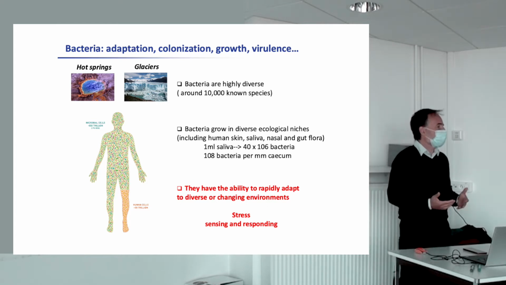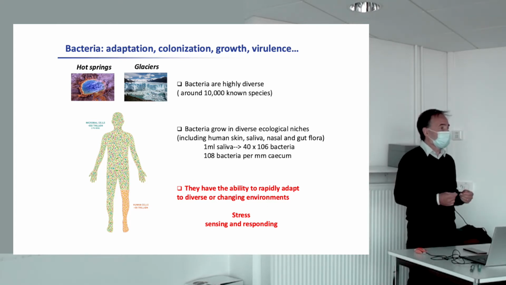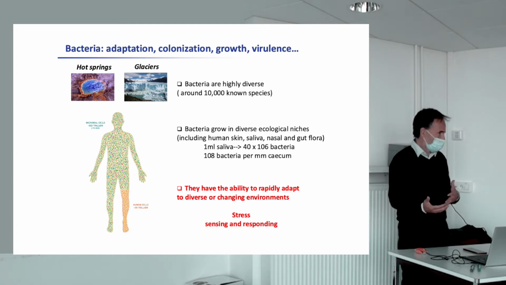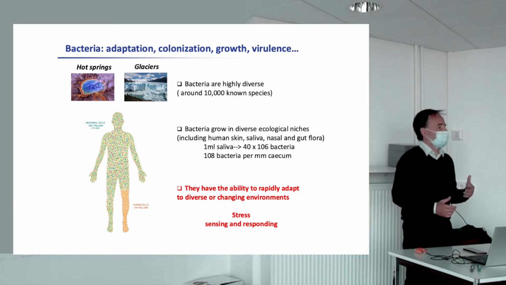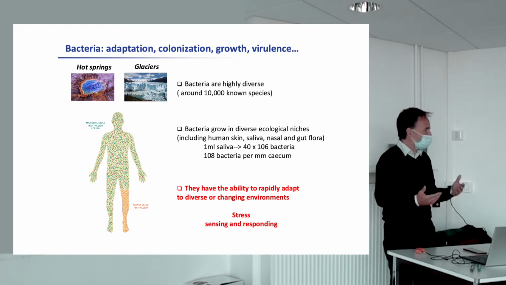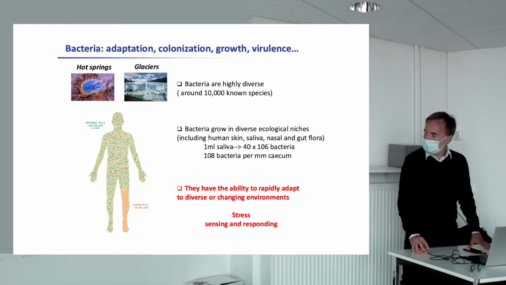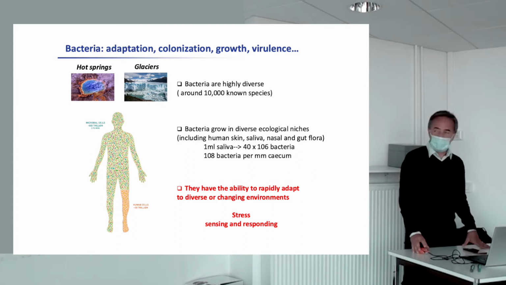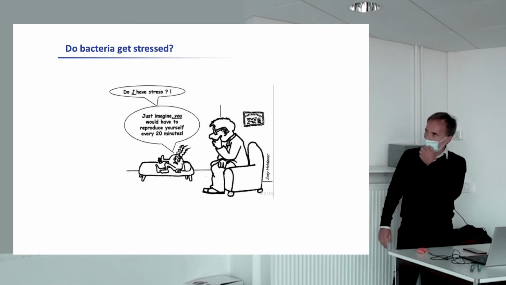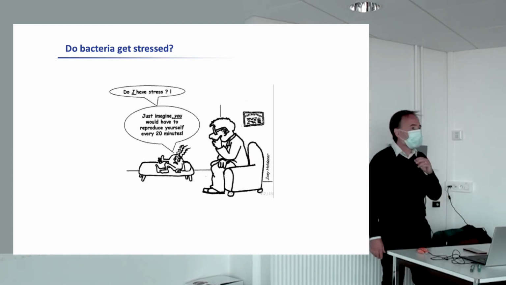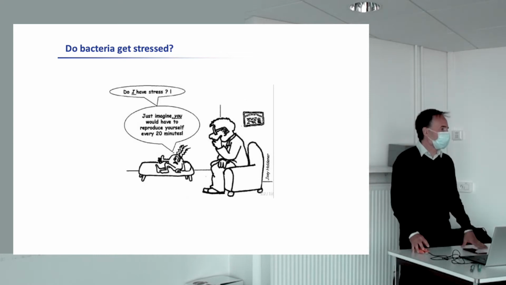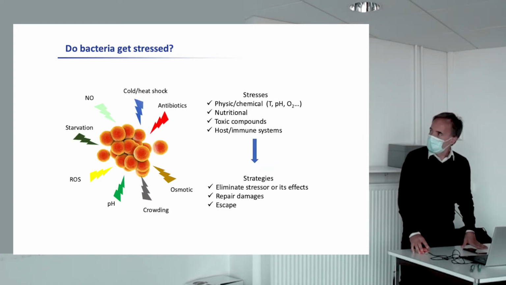The first thing, the bacteria has to sense the stress, has to understand that something has changed, and then needs to reprogram its proteome in order to get used to this new condition. So bacteria are indeed stressed, but they have figured out different mechanisms to cope with this stress condition.